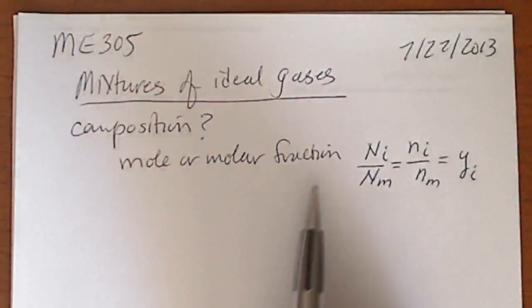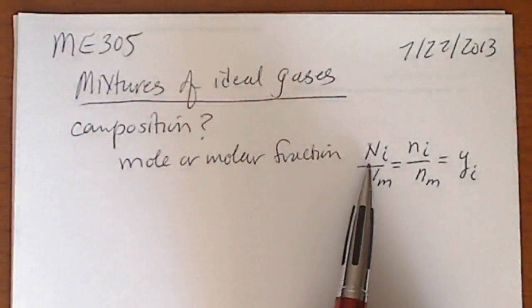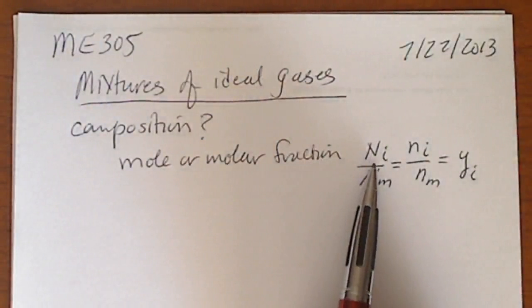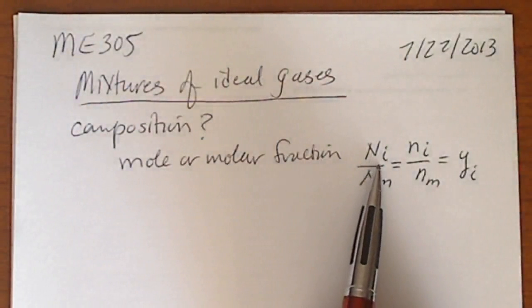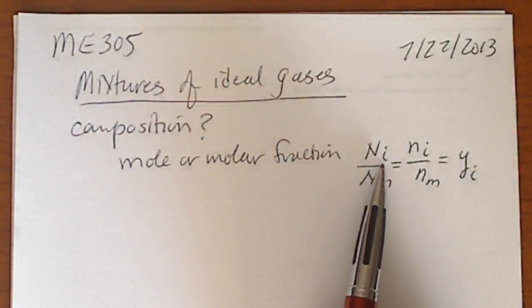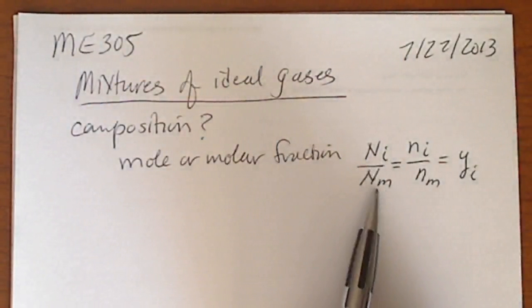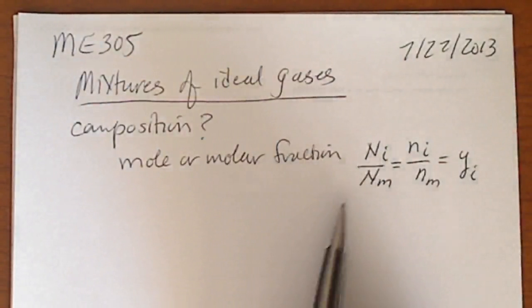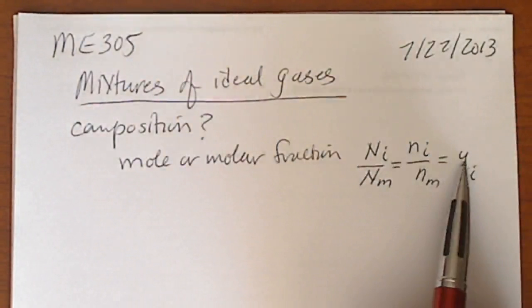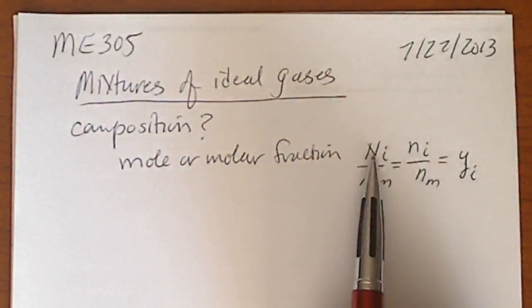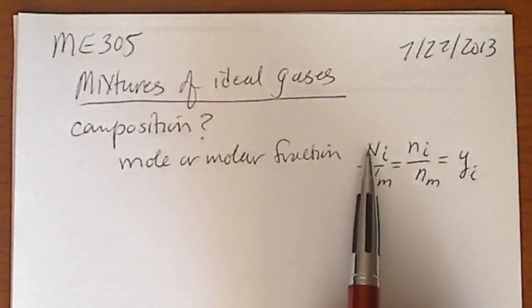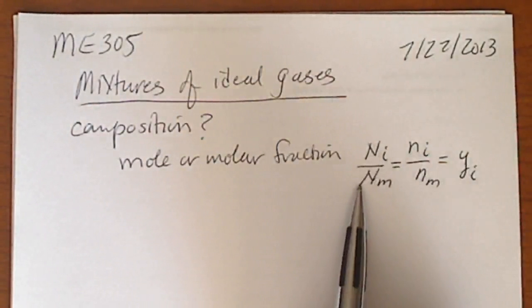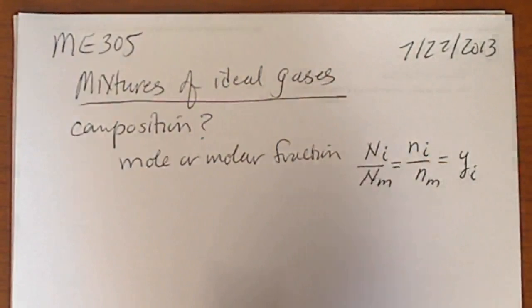If each constituent of a mixture is considered, i equals 1 to the total number, then the fraction of each component that's available is the total number of moles for that constituent divided by the total number of moles for the mixture.